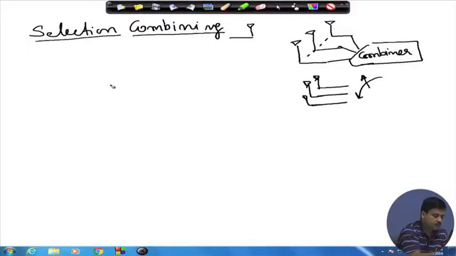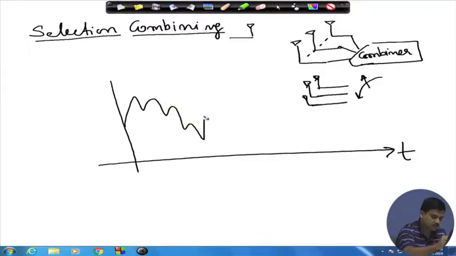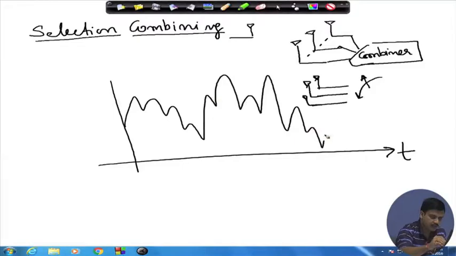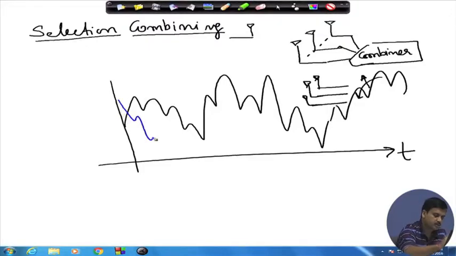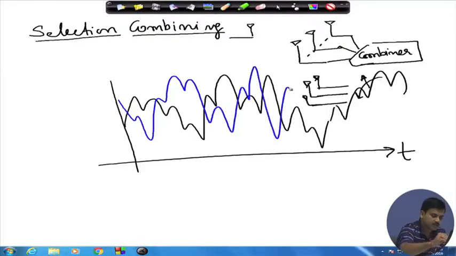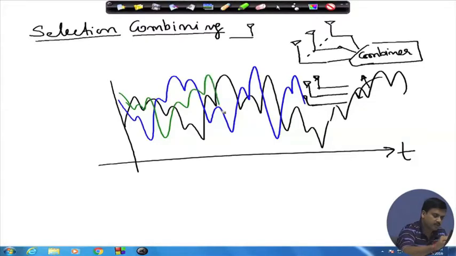Suppose this is the time axis and this is the received signal strength axis. This is the signal strength of one of the antennas, and the strength of the other antenna would be something like this, in another color, and the strength of another antenna could be something like this, and so on.